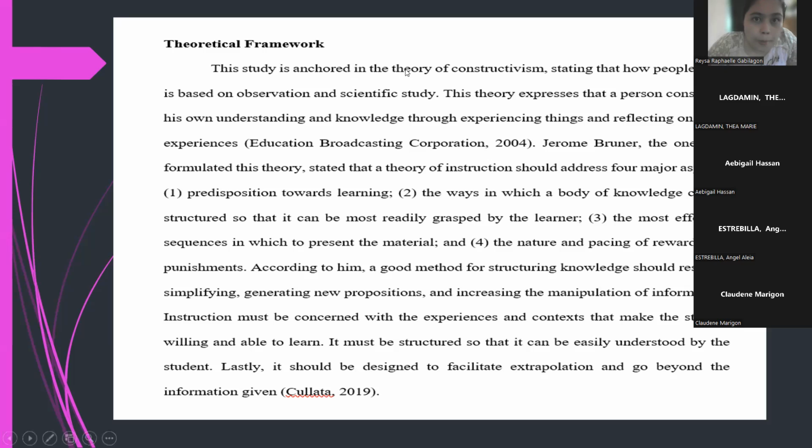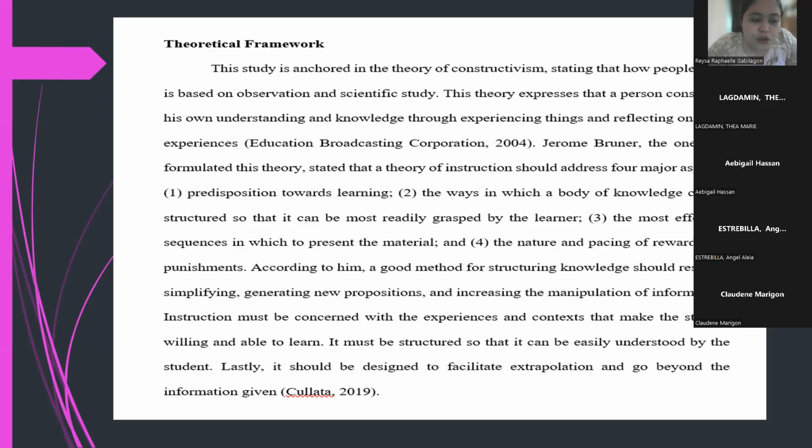pharmacology. So, yung study na yon is anchored in the theory of constructivism. This is actually a psychological theory, and this theory is about learning through experience. 'Di ba? Sa laboratory, we learn if we get to experience doing this kind of thing, doing this procedure.